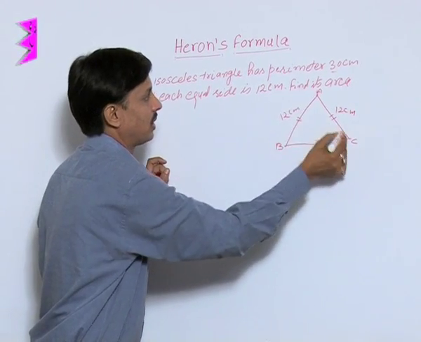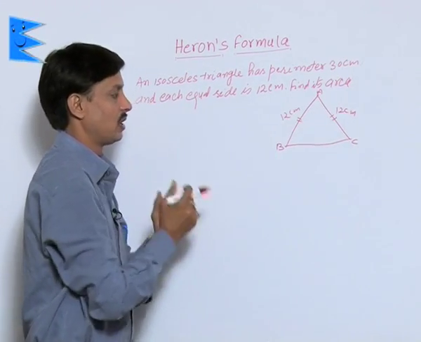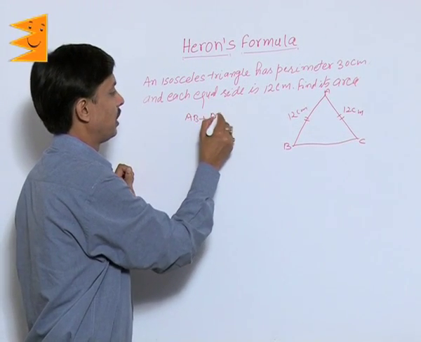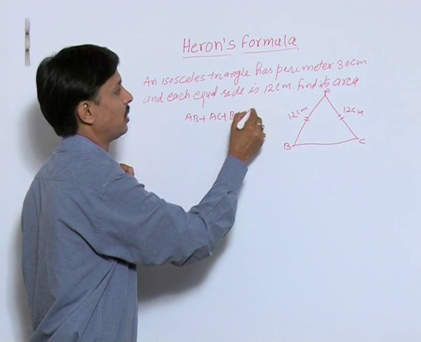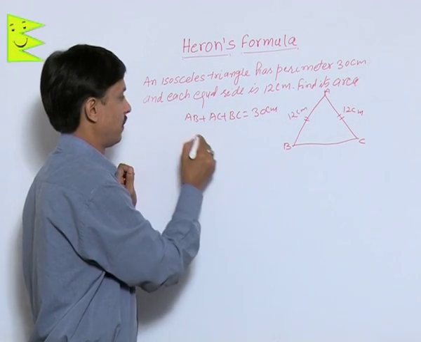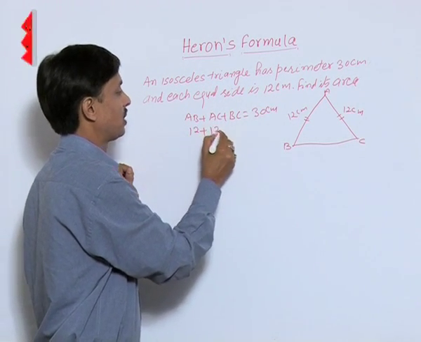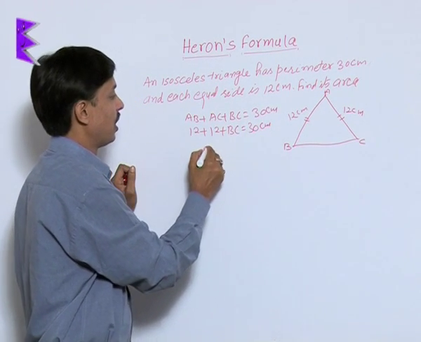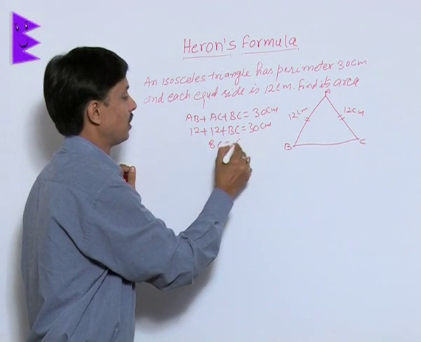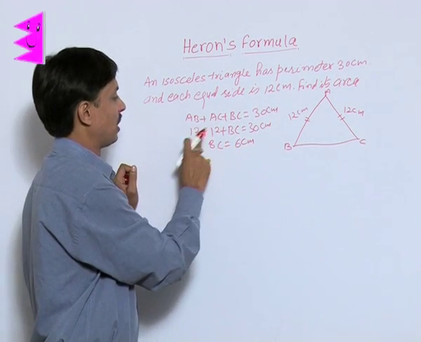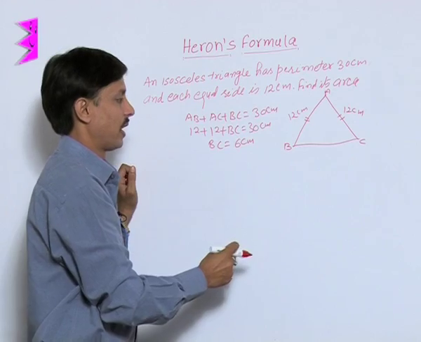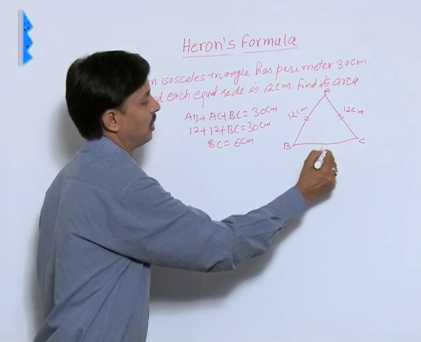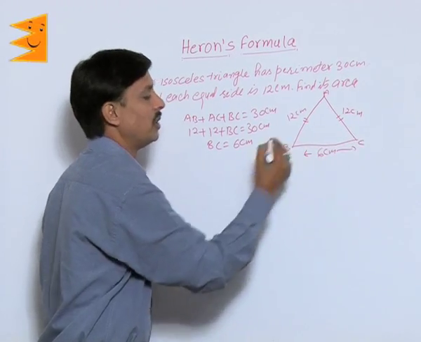Sum of three sides is 30 centimeter. It is given. AB plus AC plus BC is 30 centimeter. This is 12 plus 12 plus BC is 30 centimeter. So BC become 6 centimeter. 12 plus 12, 24. When subtracted, the base BC is coming as 6 centimeter.